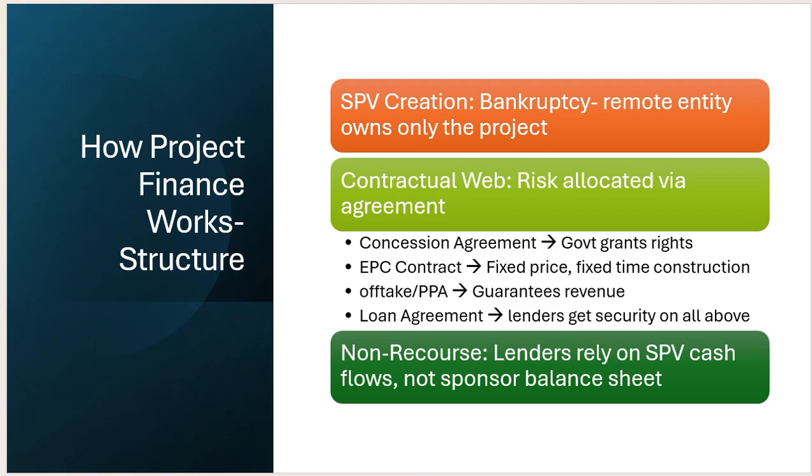On that basis, there is a concession agreement where the government guarantees the rights, the EPC contract, engineering procurement construction contract, fixed price, fixed time construction, and the power purchase agreement, which guarantees revenue, done with the Solar Energy Corporation of India Limited. Then the loan agreement, where the lender gets security on all the assets. The loan agreement and concession agreement are done in that phase. And non-recourse: the lender relies on the special purpose vehicle's cash flow, not the sponsor's balance sheet. It does not touch the balance sheet of the borrowers.